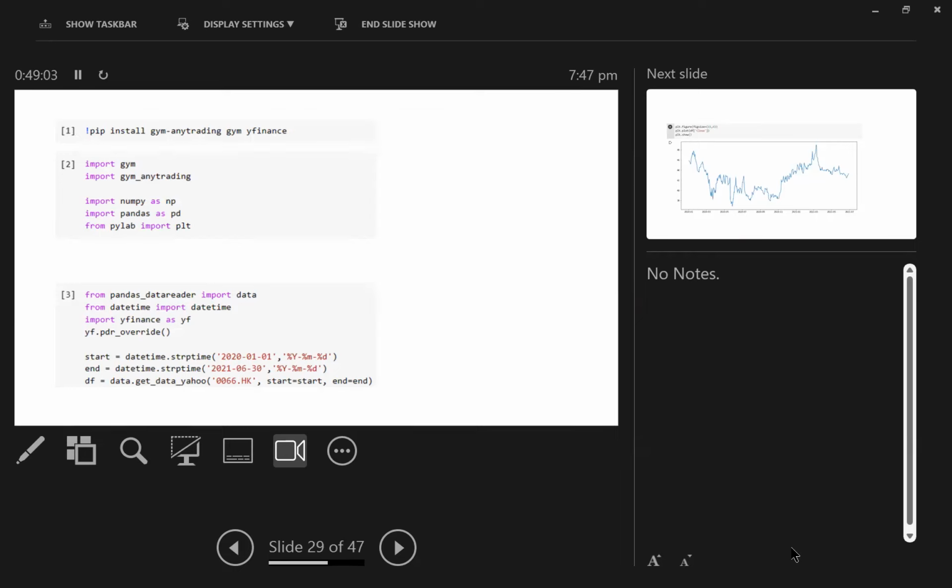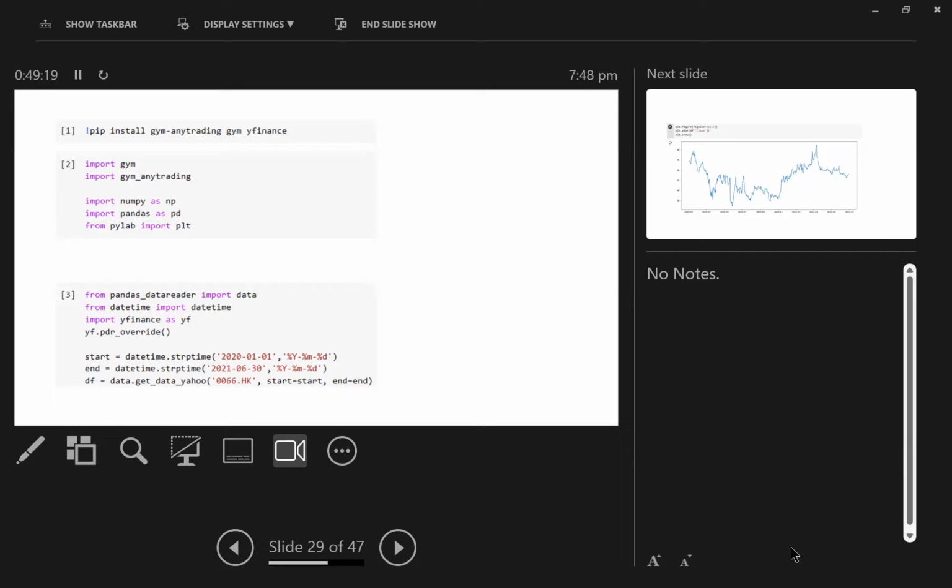Okay. Now, again, in order to make use of the environment, we need to import gym and the trading environment.